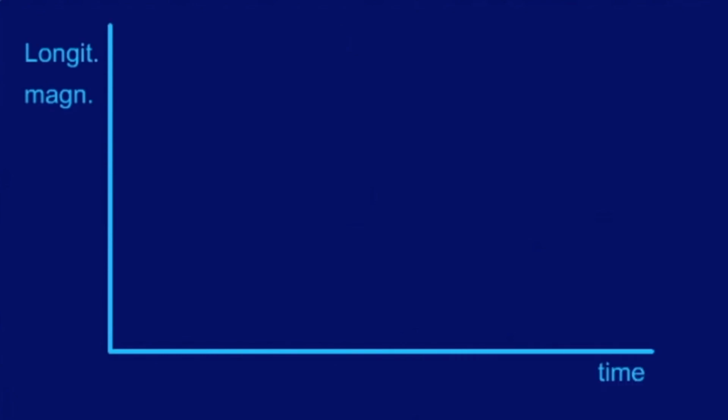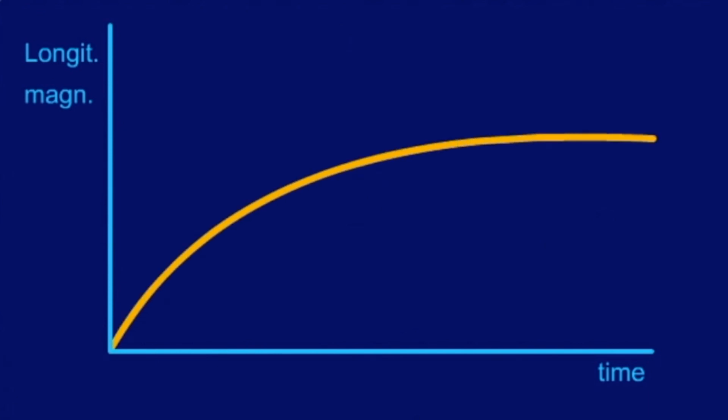If you plot longitudinal magnetization versus time after the RF pulse is switched off, you get a curve like this one. It increases with time. This curve is also called a T1 curve.